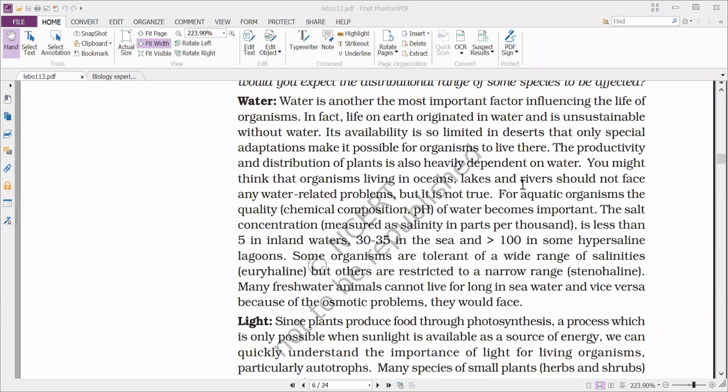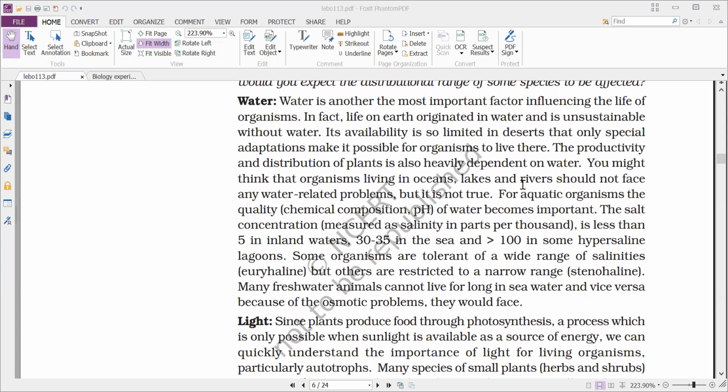And next, same as with temperature, some organisms are able to tolerate a wide range of salinity. They are called euryhaline. But other organisms are restricted to a narrow range of salinity. They are called stenohaline.